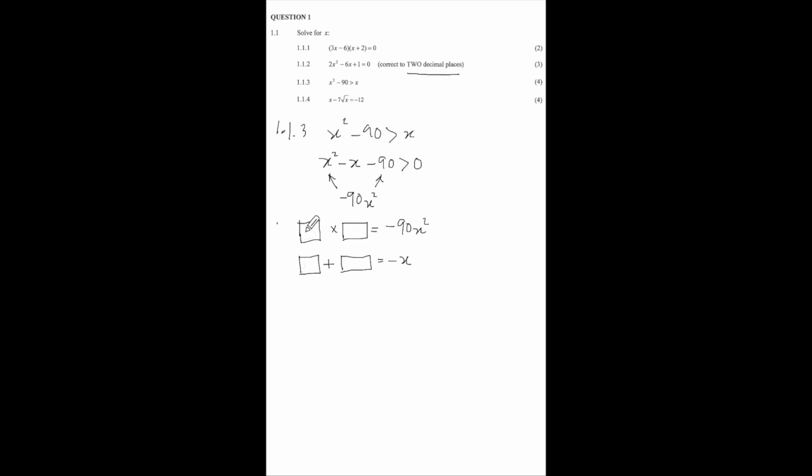So I can see that I can take negative 10x and 9x. Essentially, if I say negative 10x multiplied by 9x, I should get negative 90x squared. If I say negative 10x plus 9x, I should get negative x.